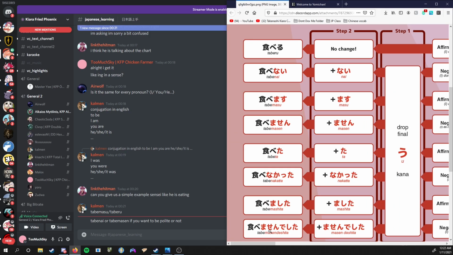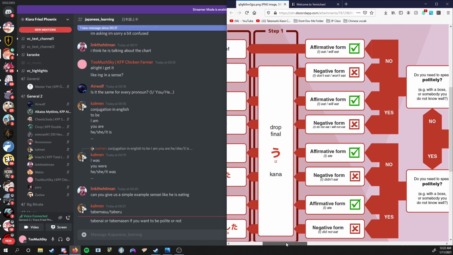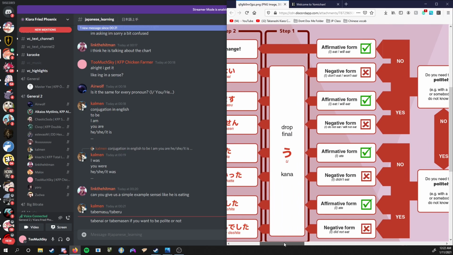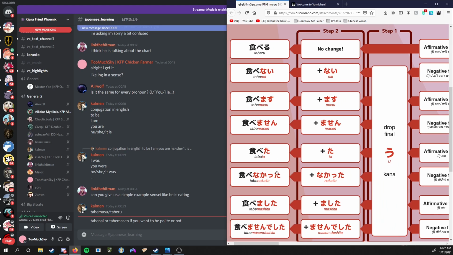On the godan side of things, the polite form is often referred to as the I form, because to do all of the conjugation into the polite form, you change the u sound at the end into an I. So nomu becomes nomi, and then you add the ending. And that's all of the polite forms in godan.